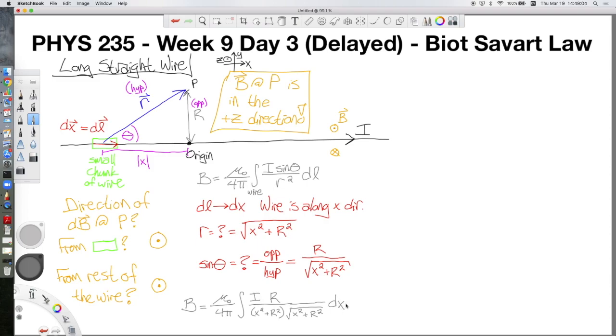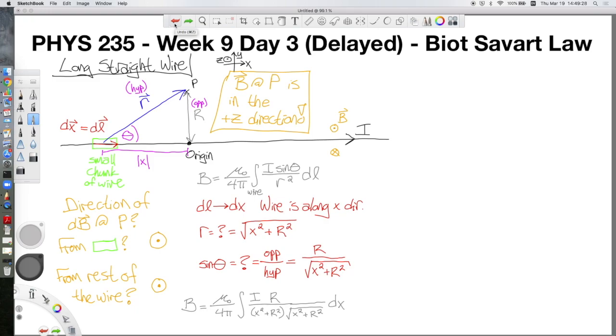So now we need to ask ourselves about the limits of this integral. We need to integrate over the entire wire. So what does that mean? Don't forget to look at your integration variable, which here is our dx. We want to ask ourselves, in terms of x, where does this wire start? Where does this wire end?